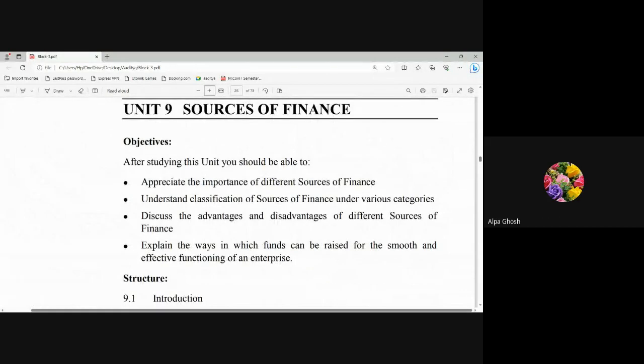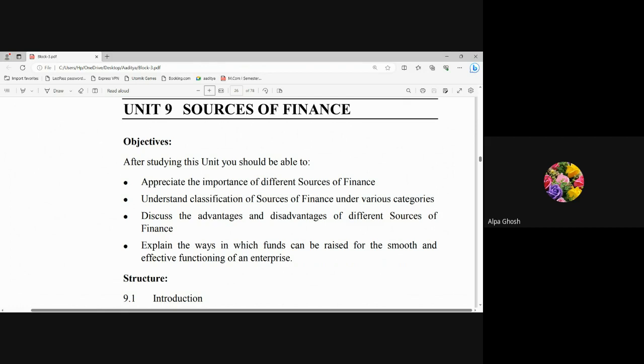Now we are starting. This is a very small topic. Sources of finance means what are the different ways through which we can raise money. So these are the objectives you need to understand.